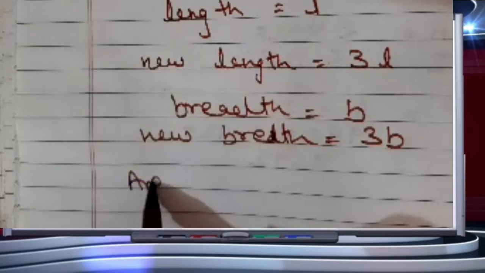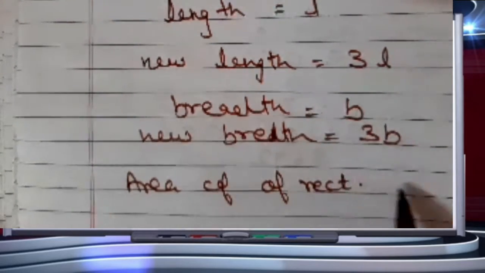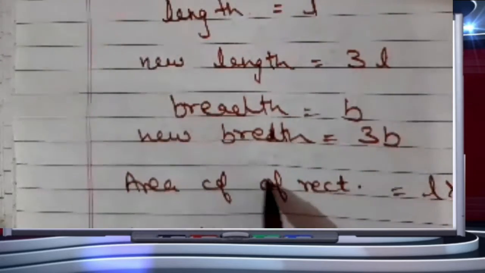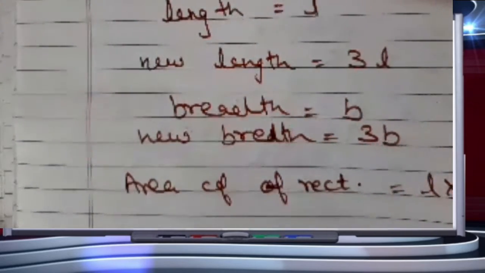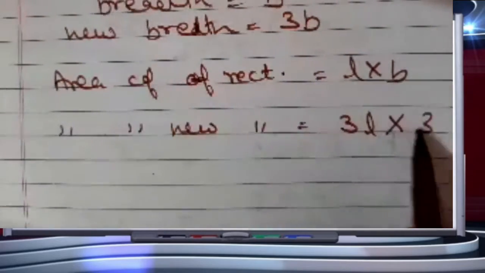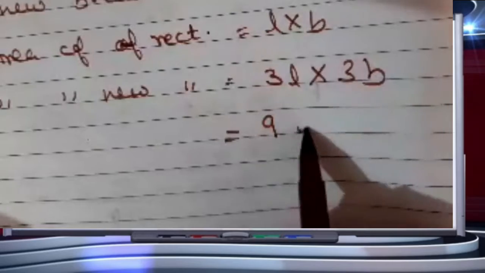Now see, area of rectangle is length into breadth. Now area of new rectangle will be 3L into 3B. Now 3 3s are 9 LB.